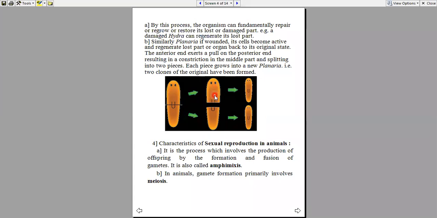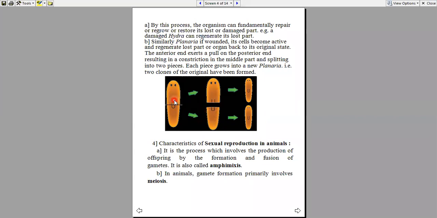The anterior end, where the mouth part is present, exerts a pull on the posterior, and because of this pulling process, a constriction takes place in between. You can see a constriction in the middle part, splitting the body into two different parts.